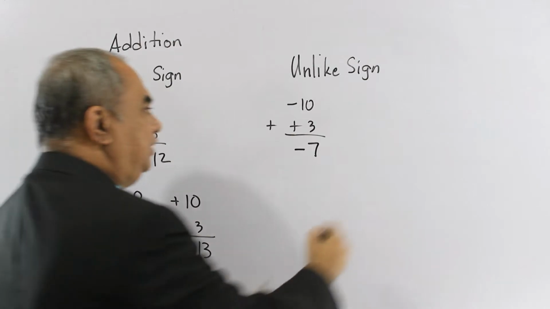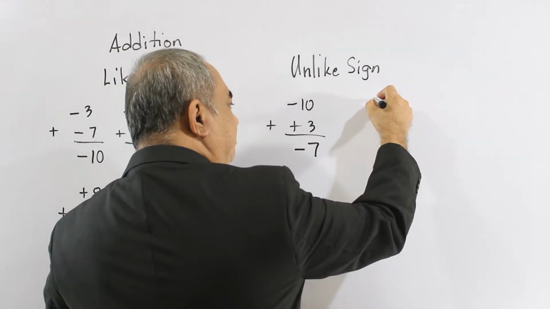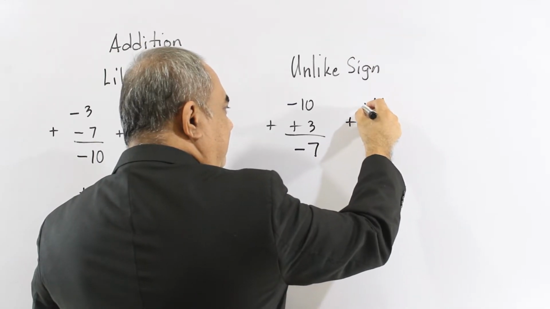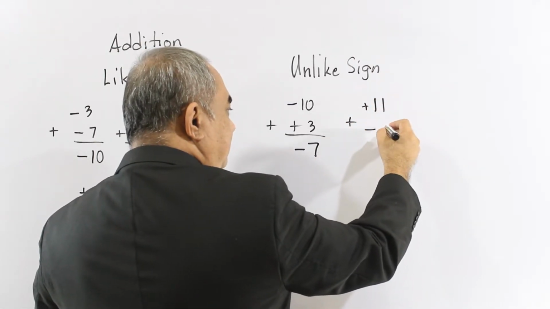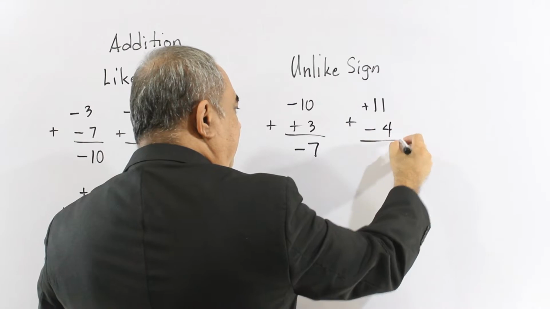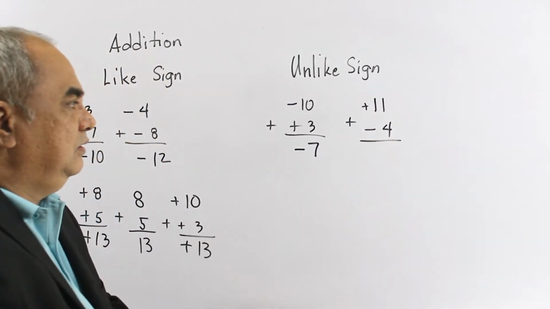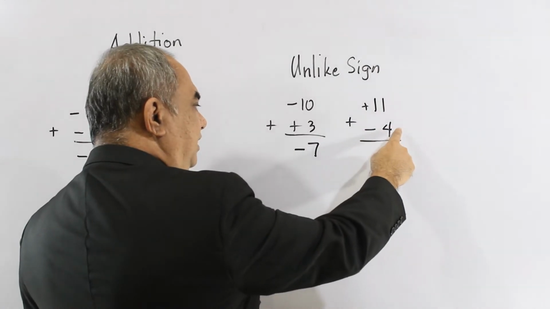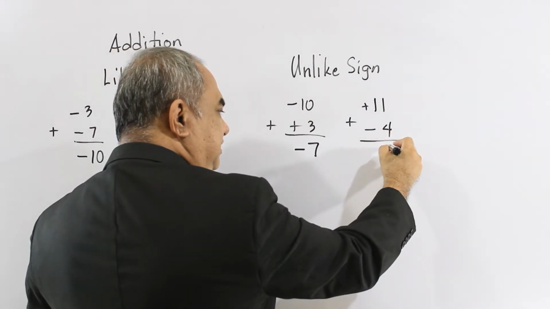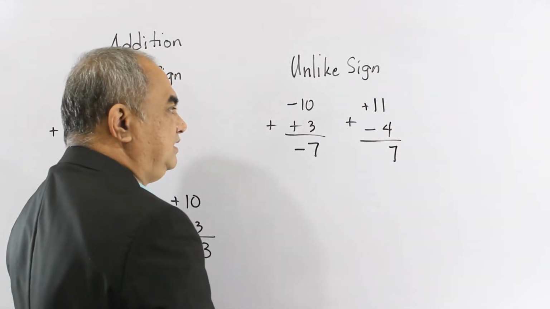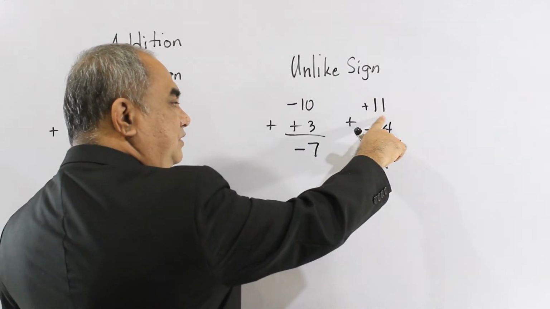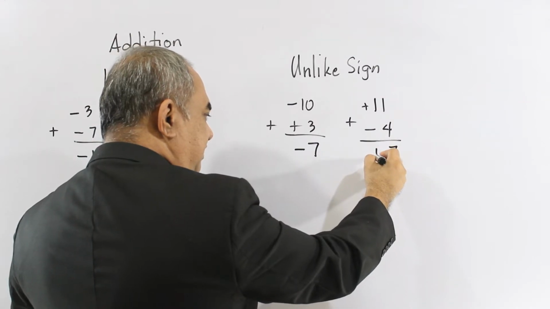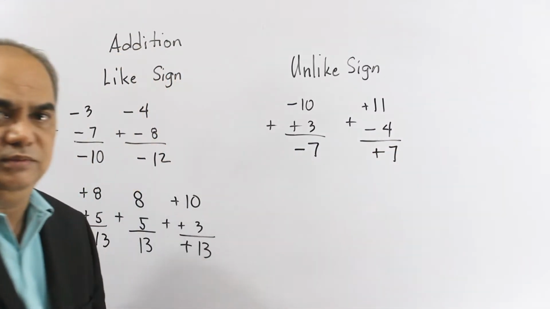Another example, we have positive 11 plus negative, let's say, negative 4. Again, they have unlike signs, so we subtract 11 and 4. That gives us 7 again, but this time 11, which is positive, is greater than 4. Then we say that the answer is positive 7.